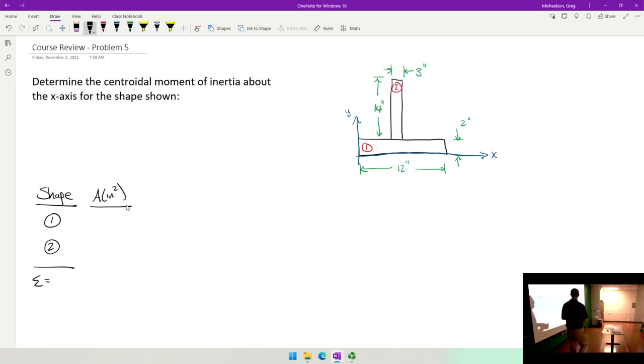I gotta believe that's pretty easy. Shape 1, these are all rectangles, so 12 times 2, that's 24. And 14 times 3 is 42. So if I sum that up, 66.